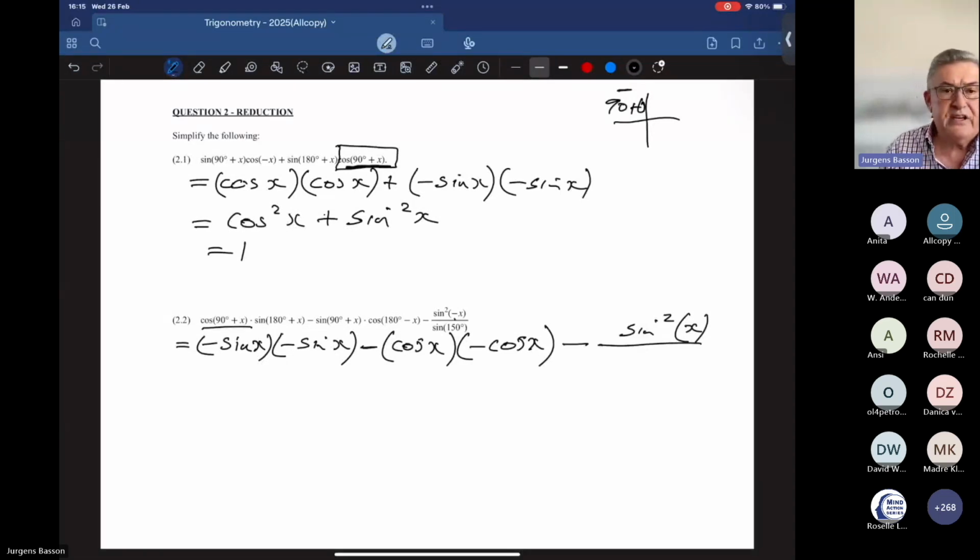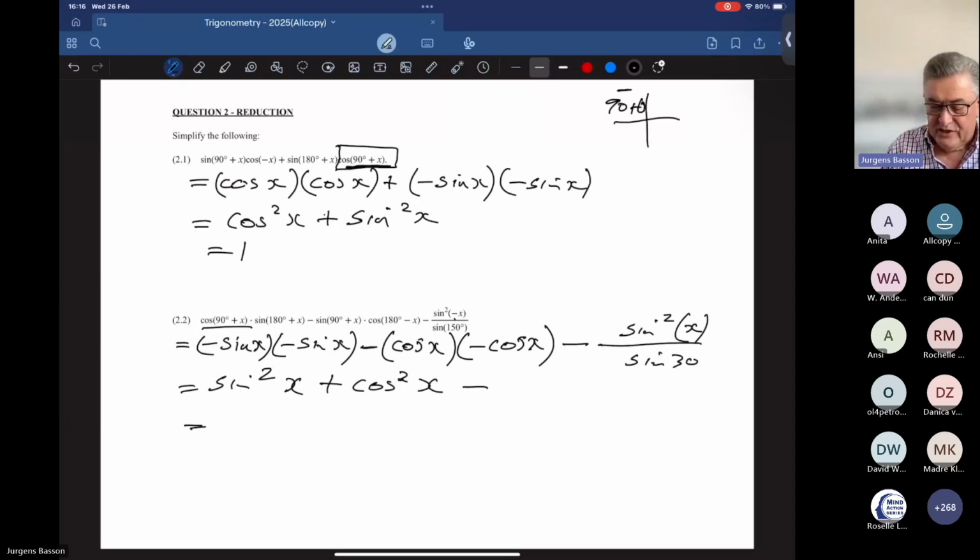Sine of 150, second quadrant, 180 minus, that is the sine of 30 degrees. Now, as you can see, we've got negative sine is sine squared. And I've got a minus, and a minus is plus cos squared. And you agree this whole part will become 1 in the next step.